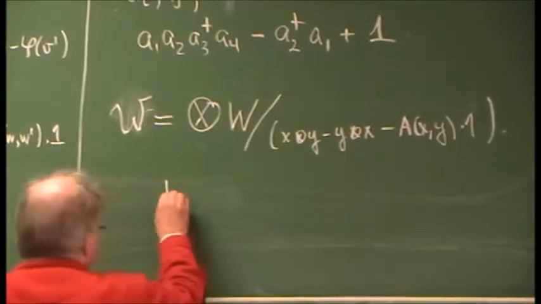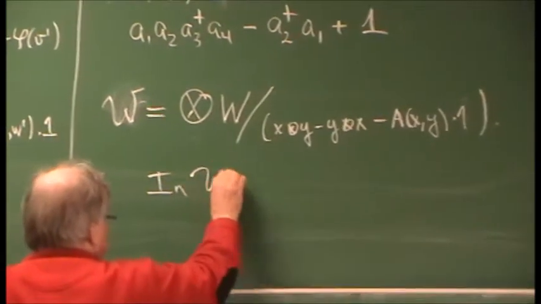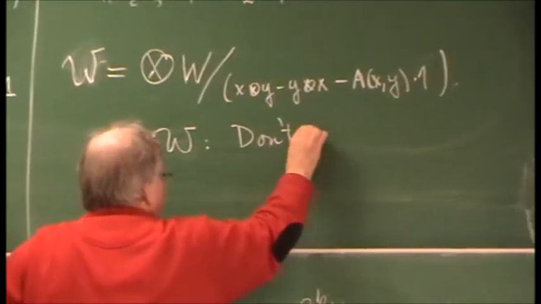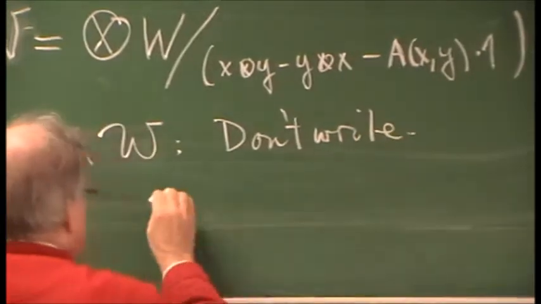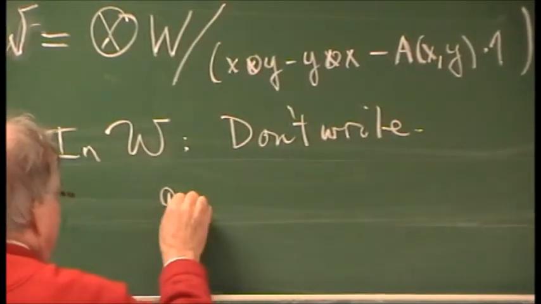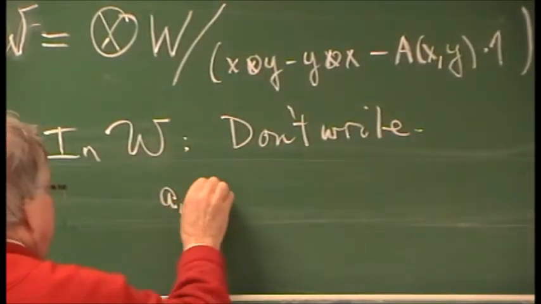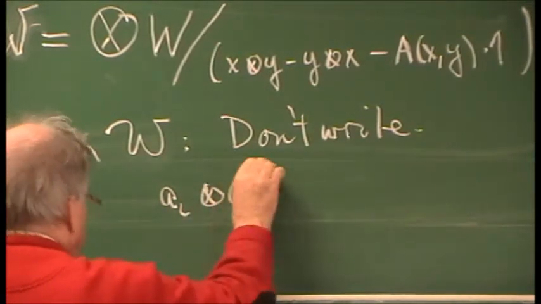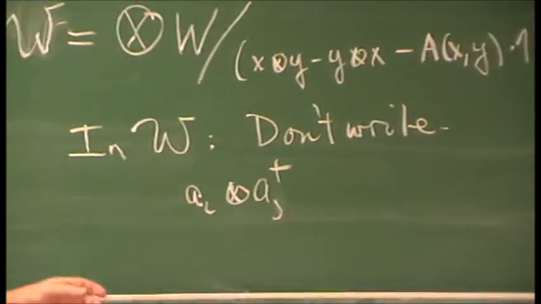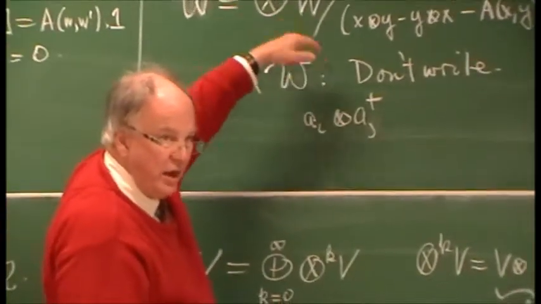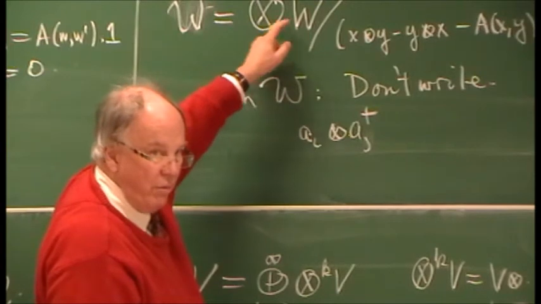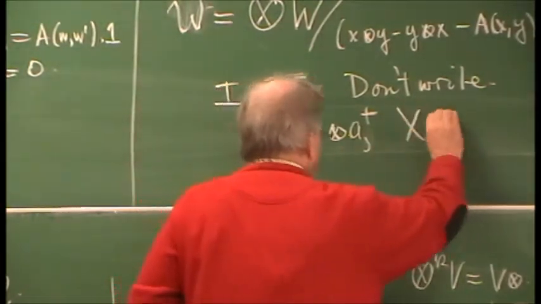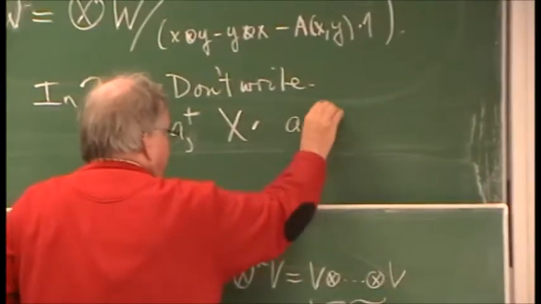So in the Weil algebra, we don't write something like A_i tensor A_j dagger. That doesn't make any sense because that's really the tensor algebra. We're downstairs in this quotient where we're thinking modulo these relations. What we write is simply A_i A_j dagger.